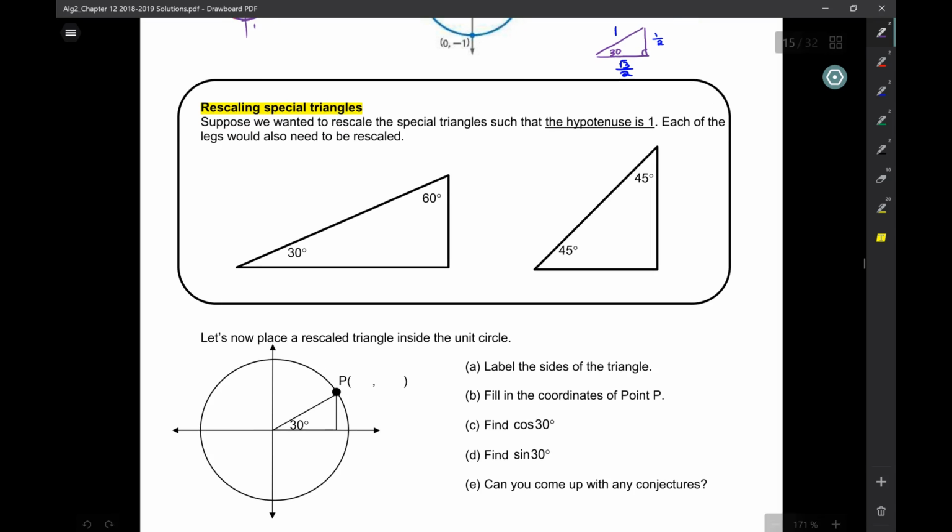Okay, so now these are supposed to be right triangles, so let's make them right triangles. When I scale them down to a hypotenuse of 1, then this side will be 1/2, and this side will be √3/2.